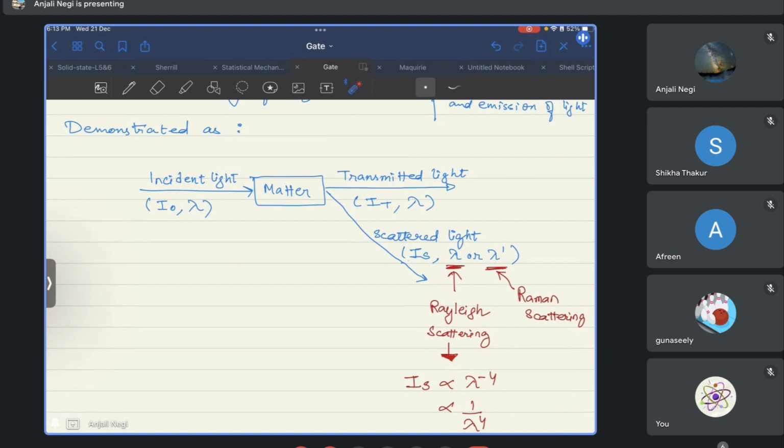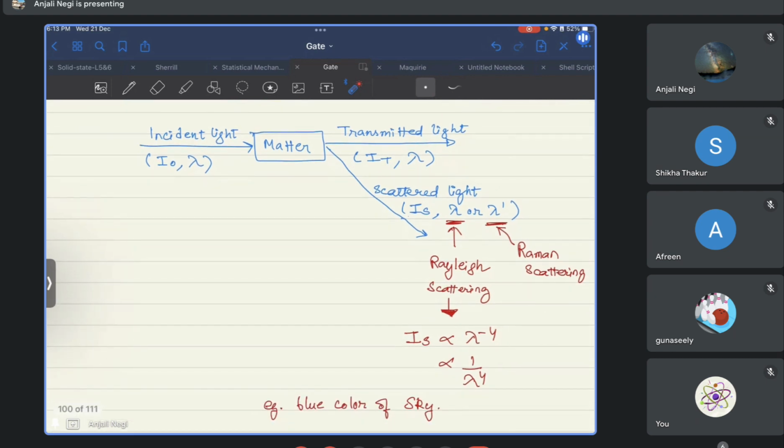And Rayleigh said that the scattered light intensity IS is directly proportional to lambda to the power -4. This lambda is the wavelength of the incident light. Or we can just write it as directly proportional to 1 upon lambda to the power 4.